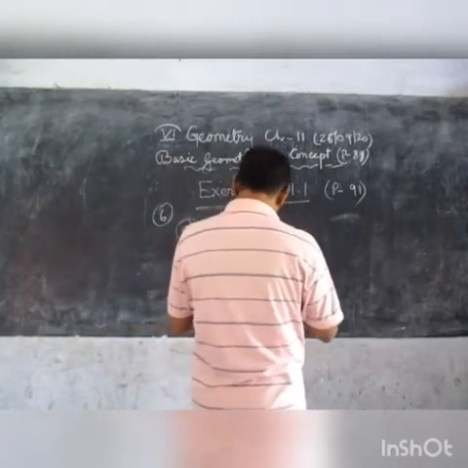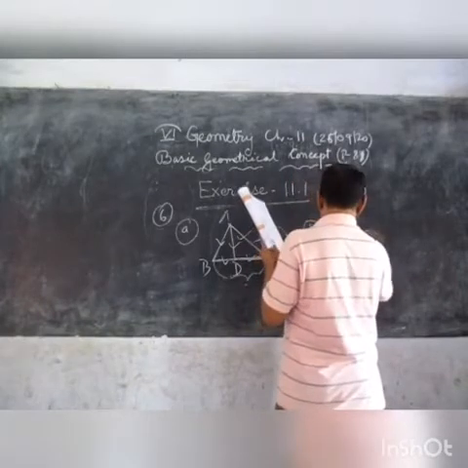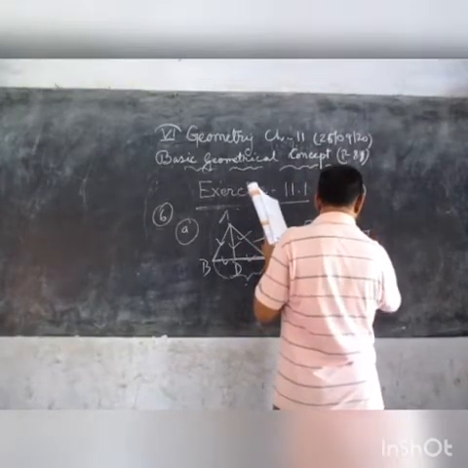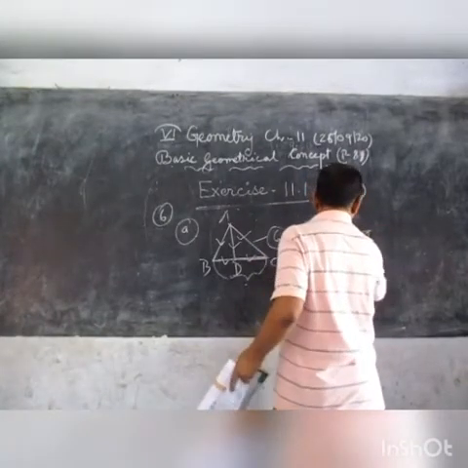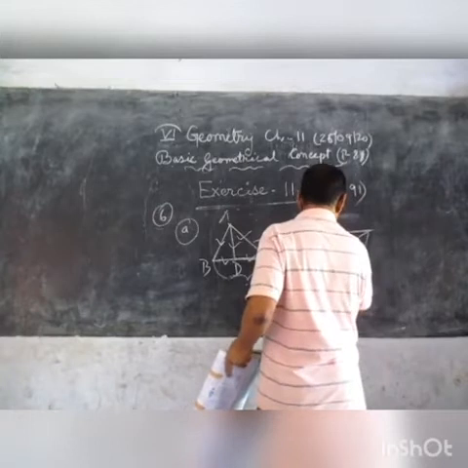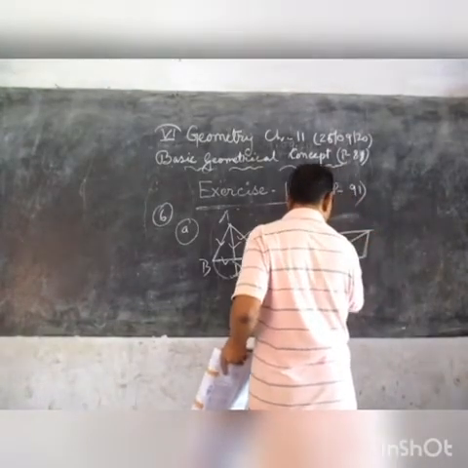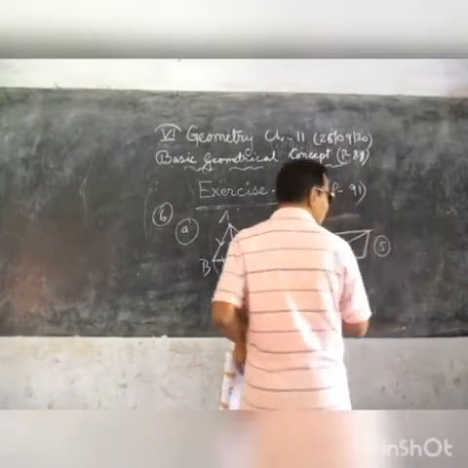And then B. So this figure. How many line segments are there? 1, 2, 3, 4, and diagonal 5. So 5 line segments are there in this figure.